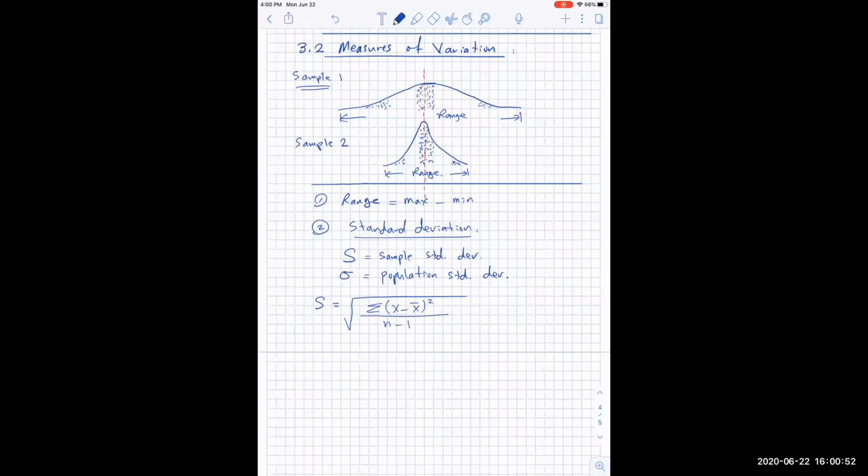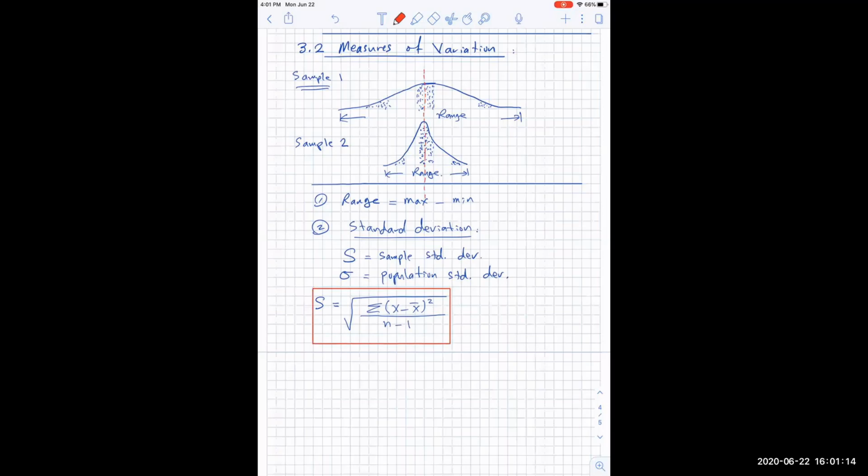This is for the sample. Let's box this here. This is the sample standard deviation.